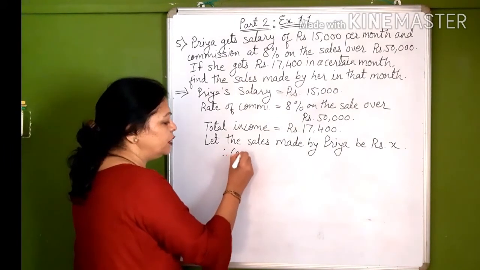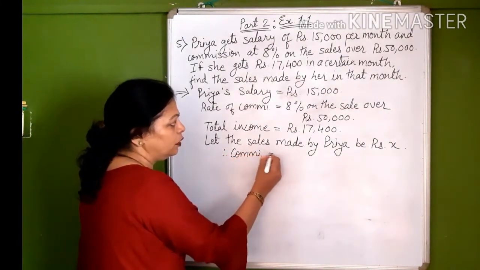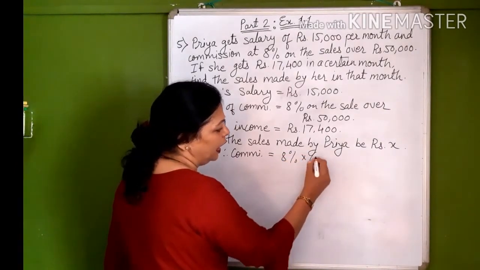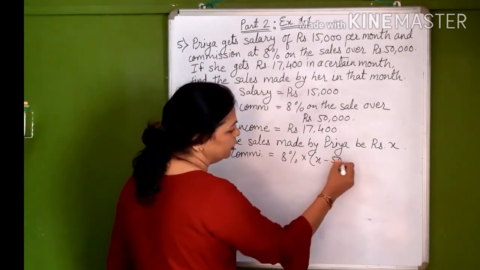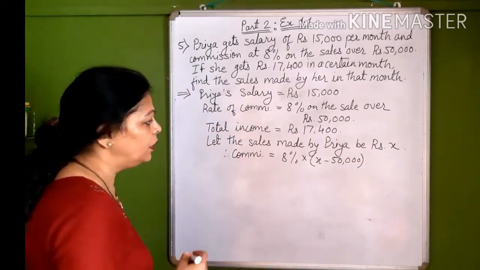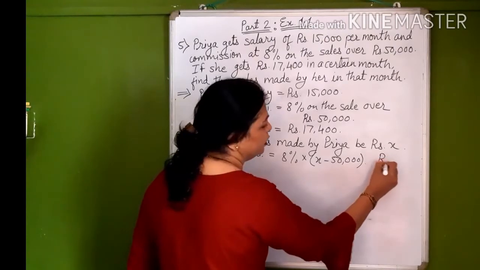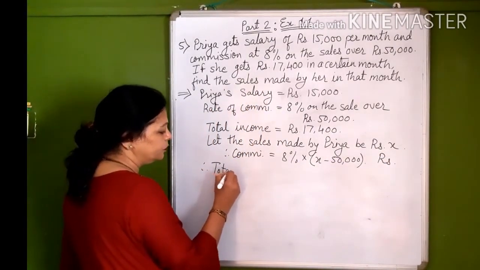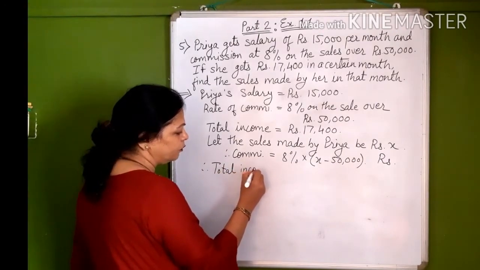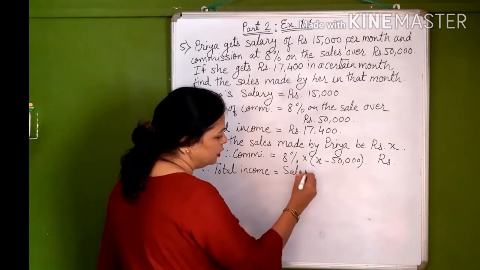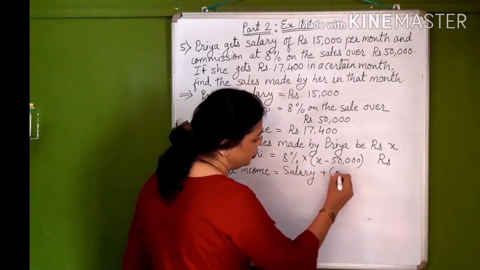Therefore, commission is equal to 8% into (X minus 50,000) rupees. So therefore, total income is salary plus commission.